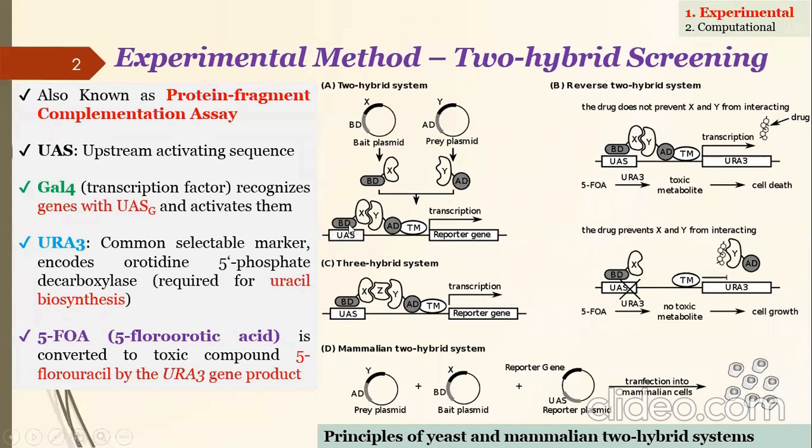Now in this case, GAL4 has been divided into two parts. If this is the sequence of GAL4, it has been divided into this part and this part. This part is known as the binding domain, and the other one is the activating domain.